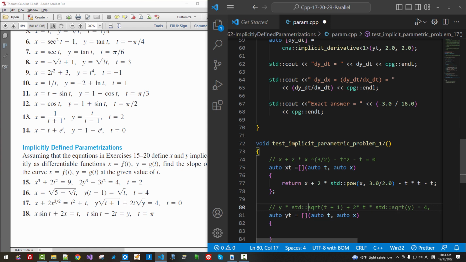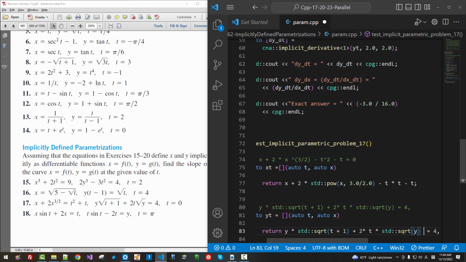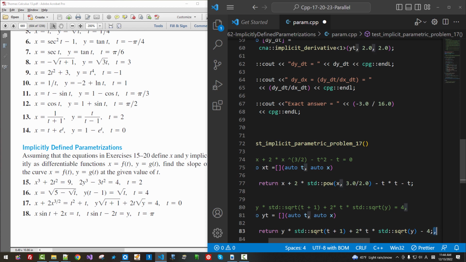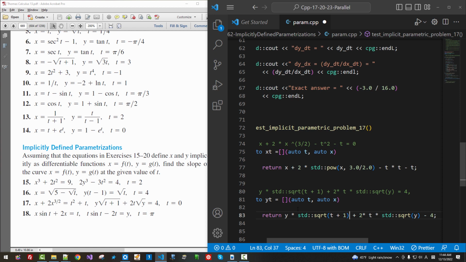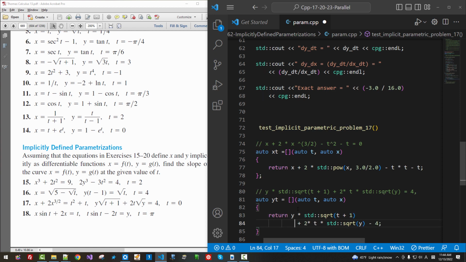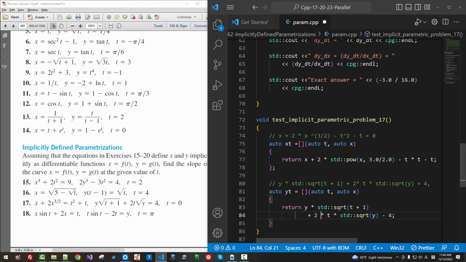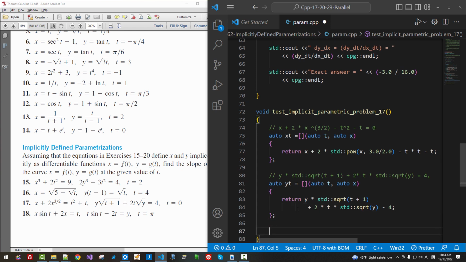Okay, copy, paste it here, return. It should be negative 4, semicolon. I will give a line break here. Don't miss the semicolon.